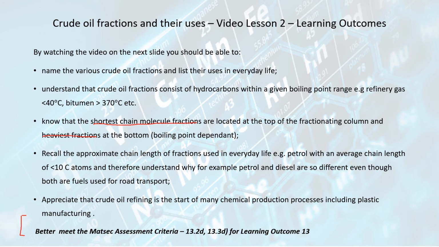The reason is, of course, if you have diesel with longer hydrocarbon chains, these are more difficult to break down completely into the combustion products that are carbon dioxide and water. We call those the complete combustion products than it is to break down petrol. Okay?